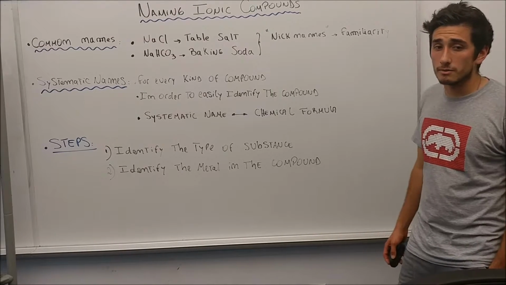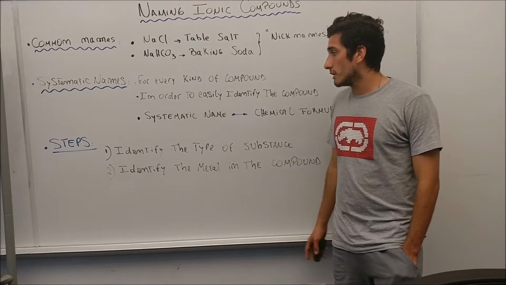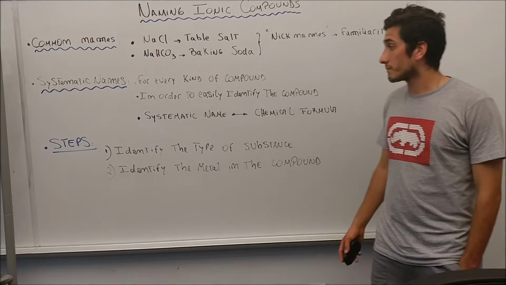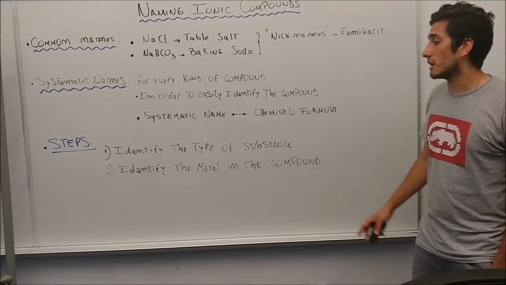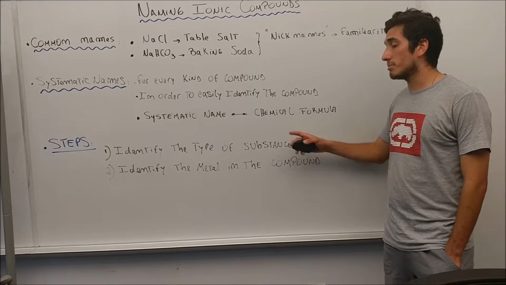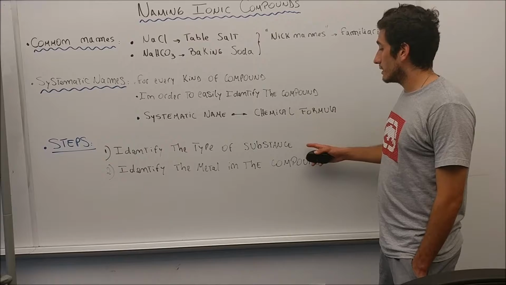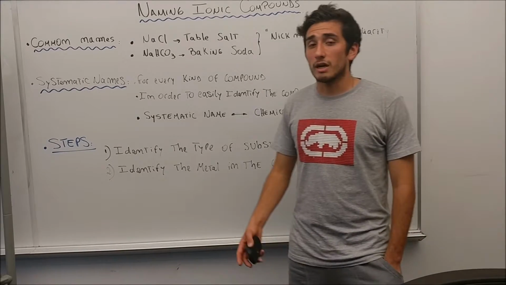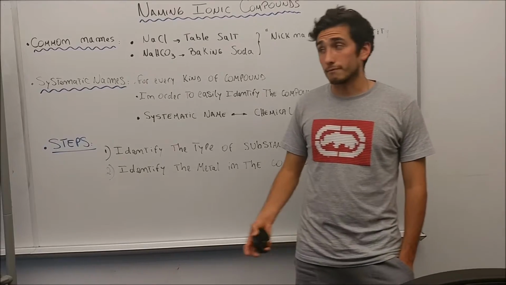Conversely, we can deduce the molecular formula from its systematic name. So, the first step in naming an ionic compound is to identify the type of substance we are talking about. It means that we have to know what kind of substance we have.